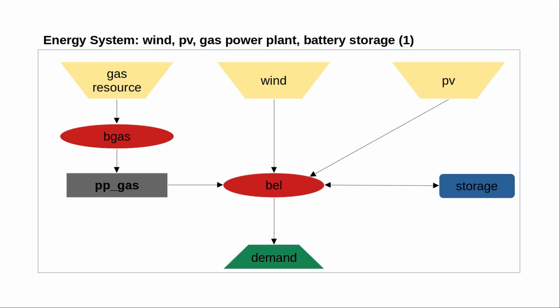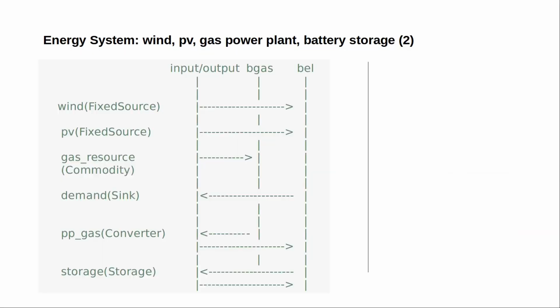In the background, we have a second sink for surplus electricity, but simplified here, you can see that we have a certain demand, which is then satisfied using either the renewable energy sources, wind and PV, the fossil energy source gas converted by the power plant, or it is fed by the storage we are providing. This is how you will find the energy system explained in the code. It's basically the same as before.